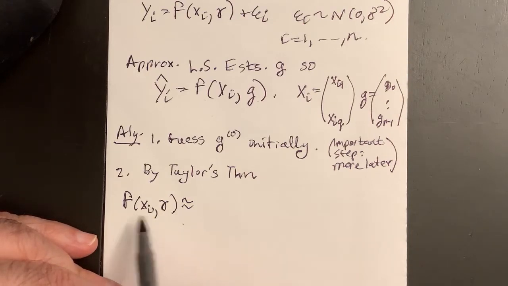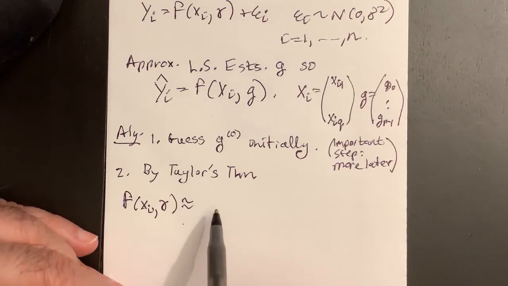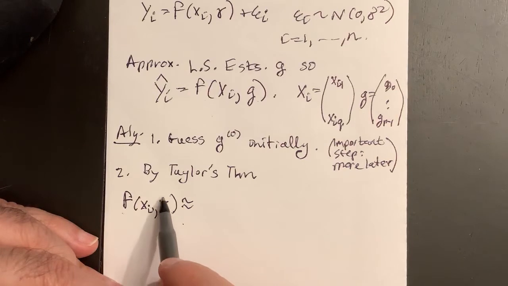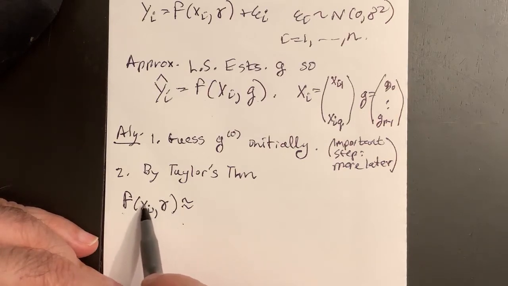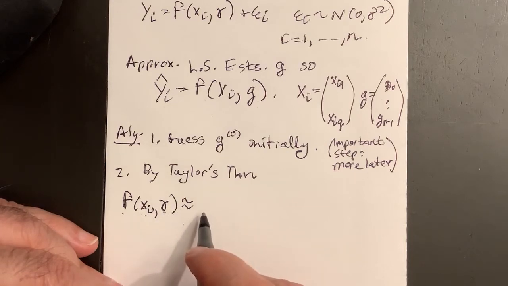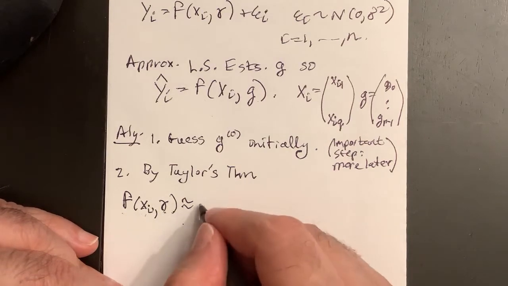You can think of this as a constant value, a scalar f. I'm really thinking of the xi as a constant, almost as the parameters, and gamma is the variable. So I'm thinking of this function, a scalar function of a vector independent variable gamma, and I'm going to expand it with Taylor's theorem.